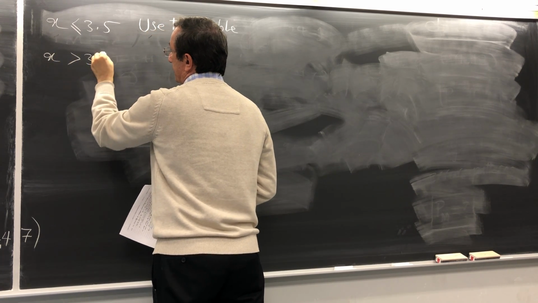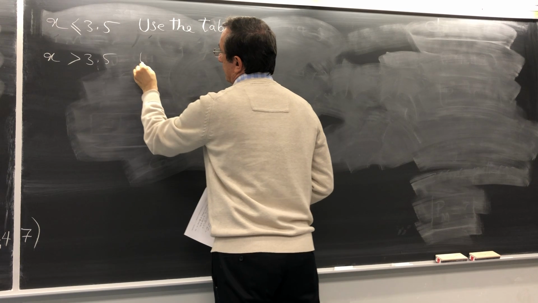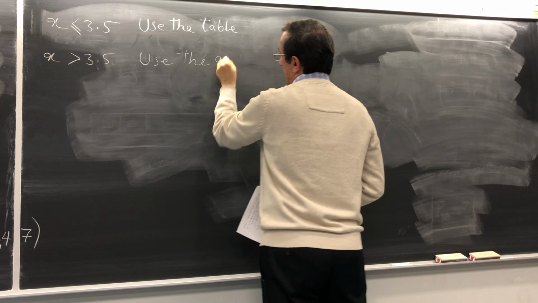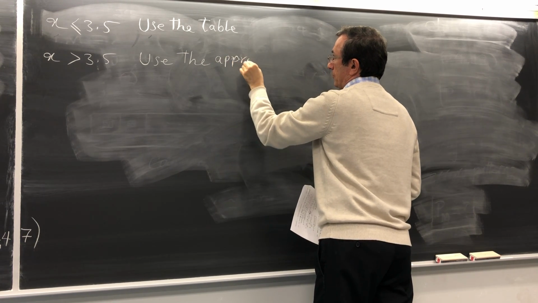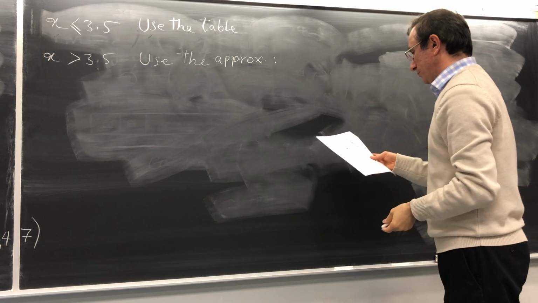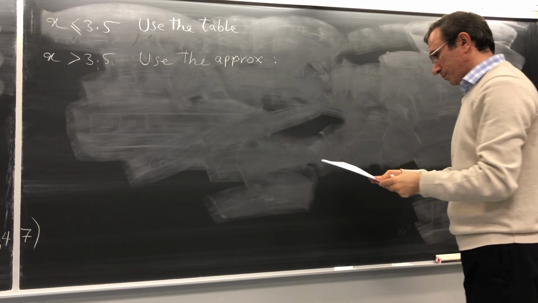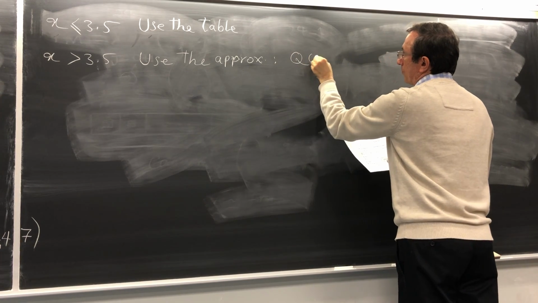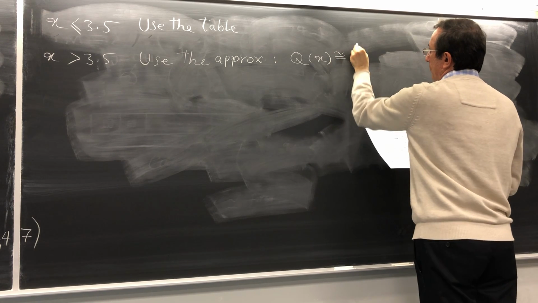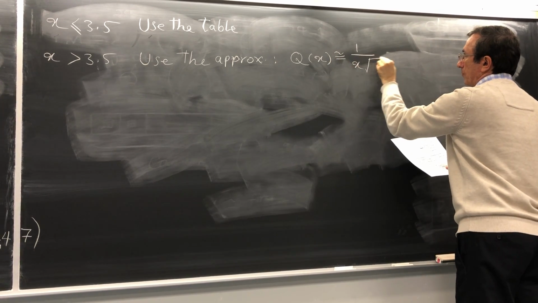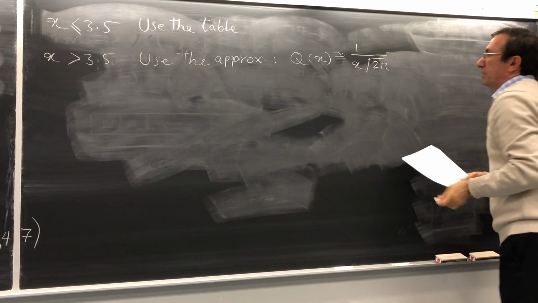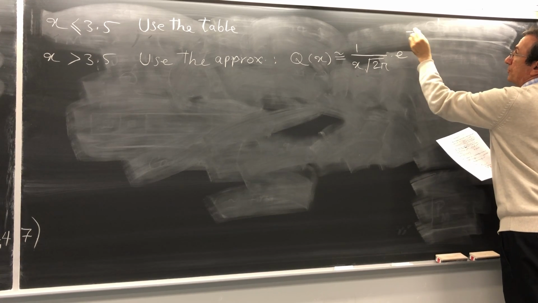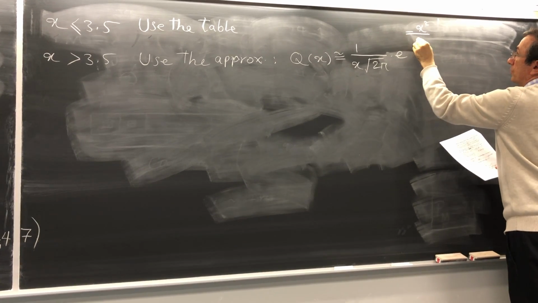For above 3.5, use this approximation: over x times the square root of 2 pi times e to the negative x squared over 2.